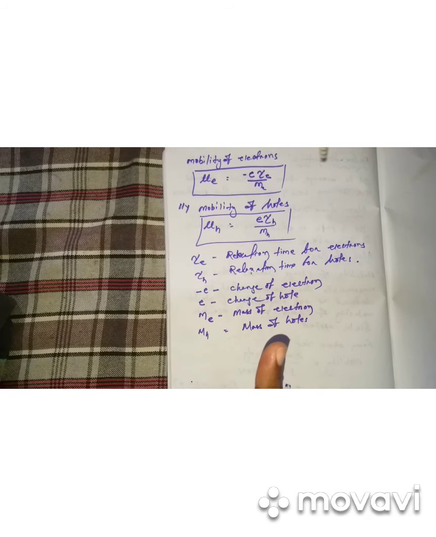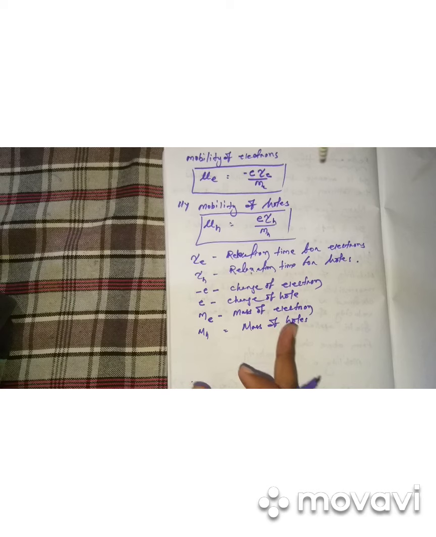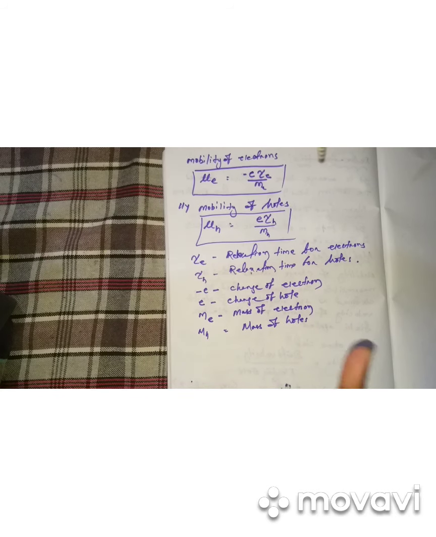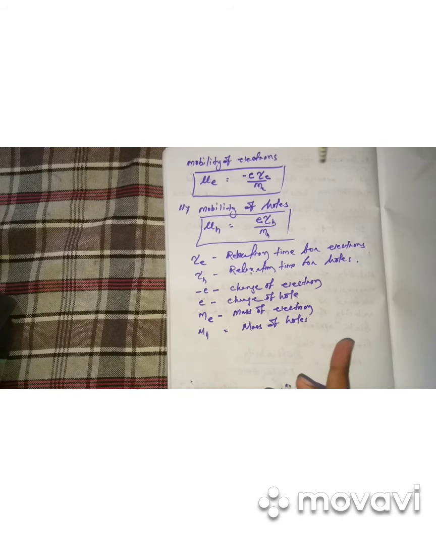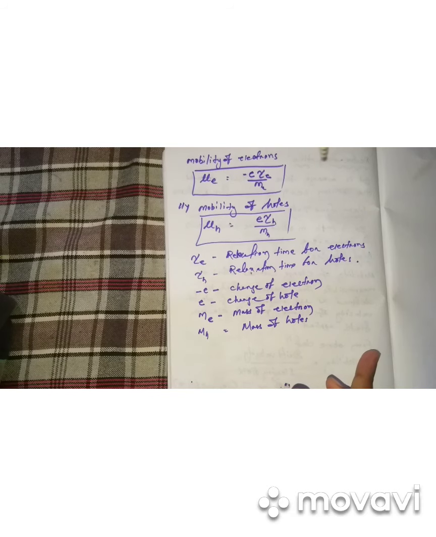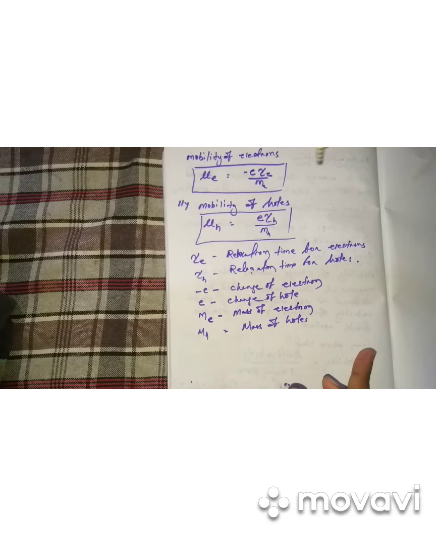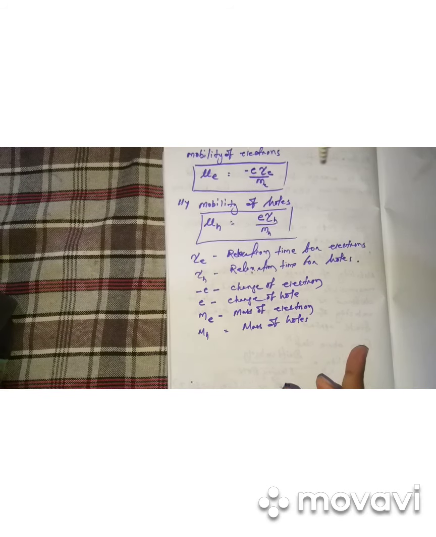Therefore mobility is always positive for both positive current carriers and negative current carriers, and their drift velocities are opposite to each other.